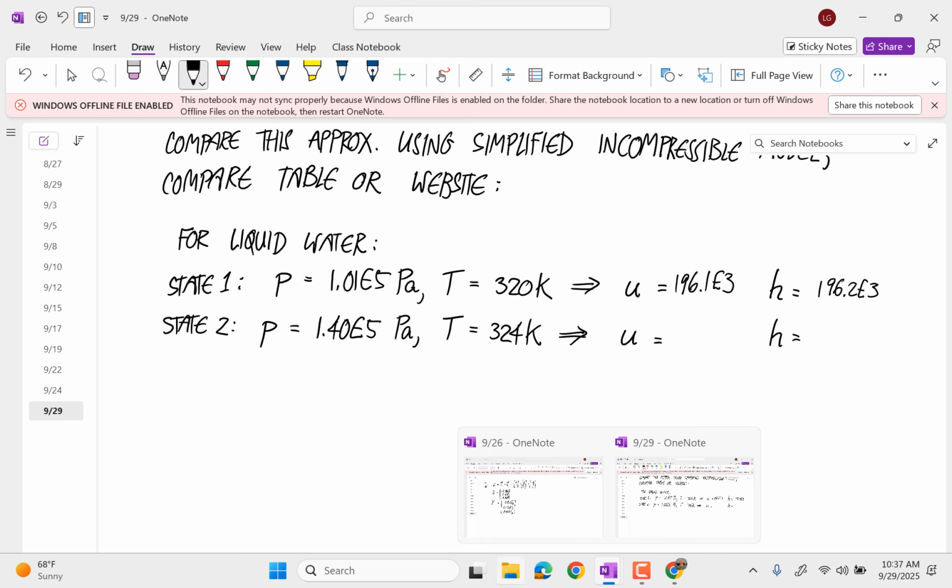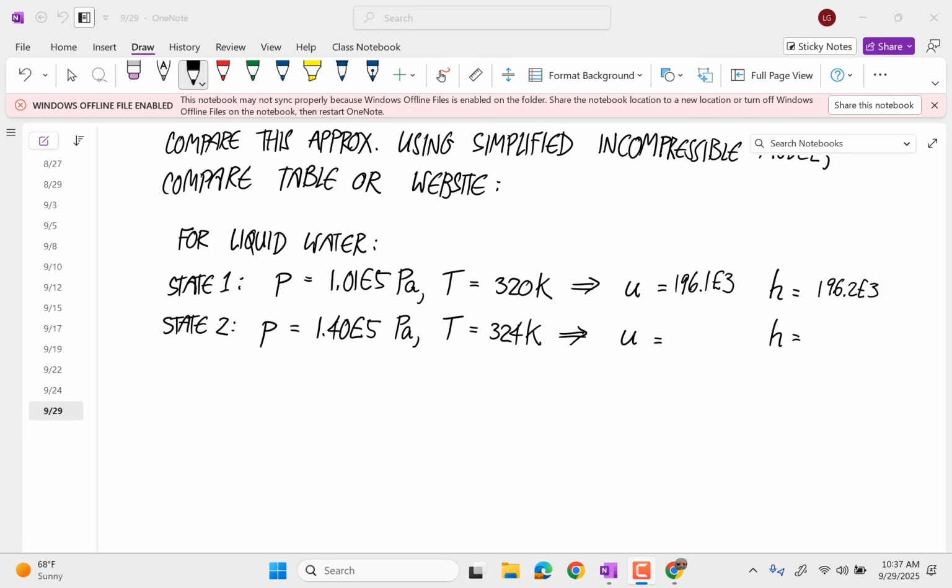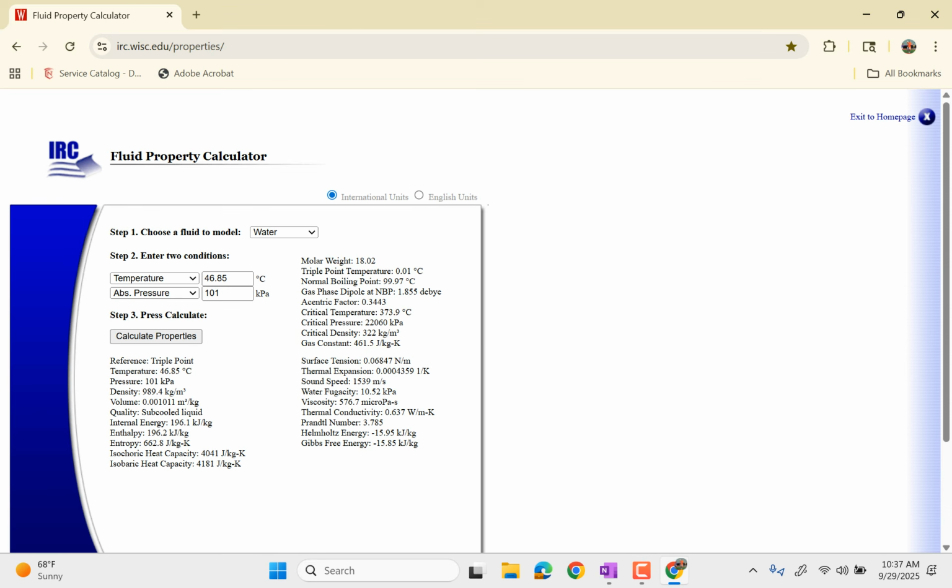And now I'm going to do the same thing for state 2. So now we're talking about 4 more degrees, so 50.85, and an absolute pressure of 140.